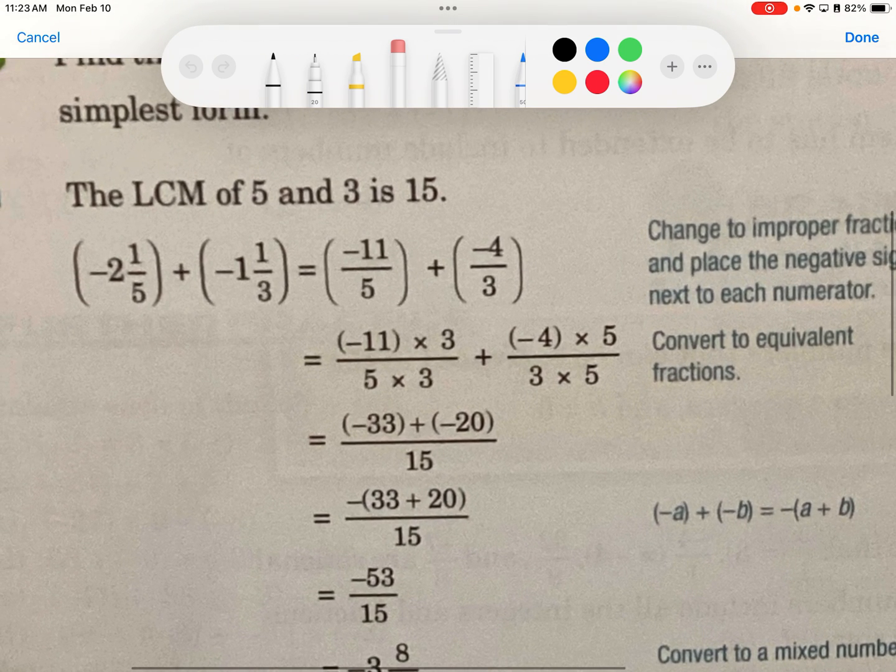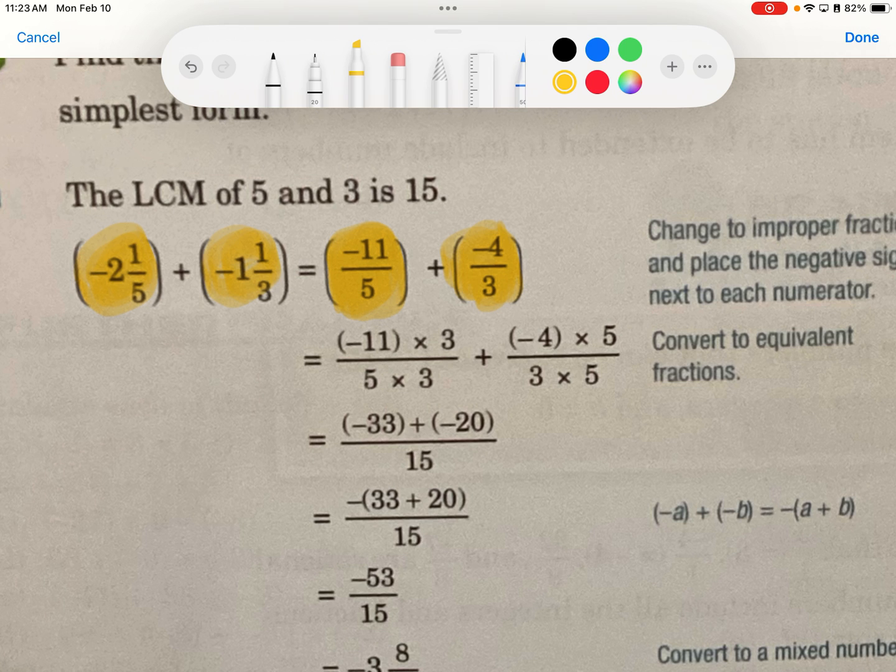All right, so -2 1/5 plus -1 1/3 equals. So what we've done, -2 1/5, we've made an improper fraction, and it's -11/5. Where are we tracking so far? -1 1/3 is the same as -4/3.